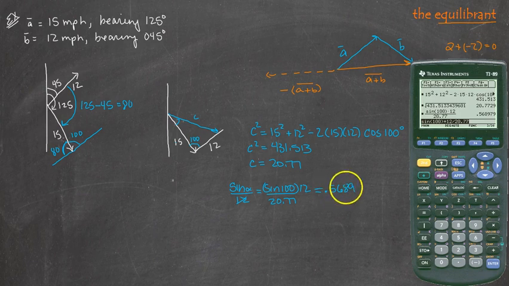But remember, this isn't the value of the angle alpha, this is the value of sine alpha. So alpha equals the arcsine of 0.5689, and that is 34.679 or 34.68.